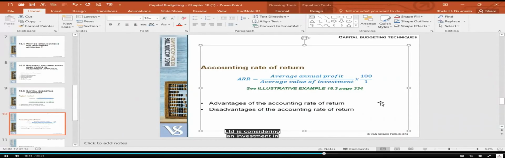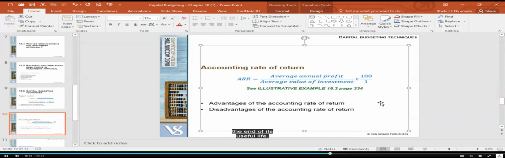Straight line depreciation will be charged on the capital expenditure over the 5-year lifespan of this project. The equipment will not have any residual value at the end of its useful life. The cash flows expected over the lifespan of the project are as follows. You are given the cash flows from year 1 up to year 5, but at the end of the day, your result gives you 36%.